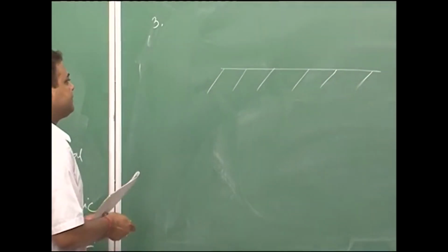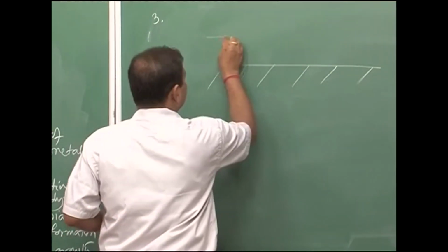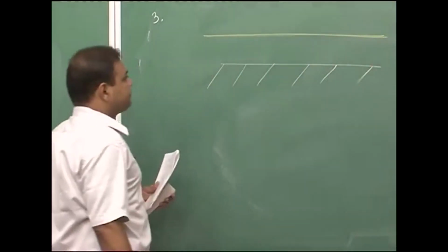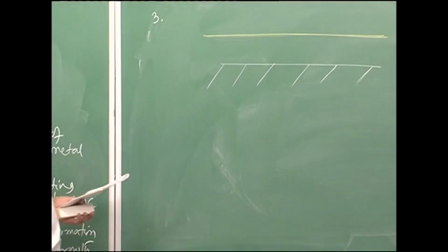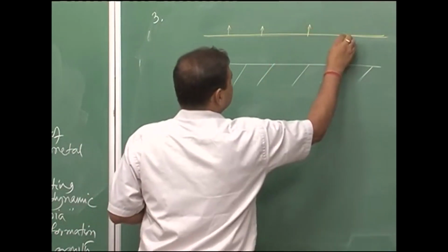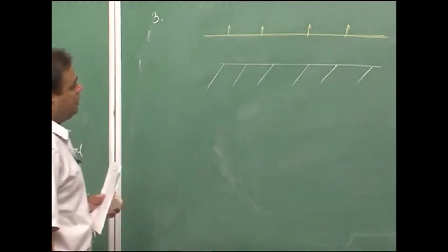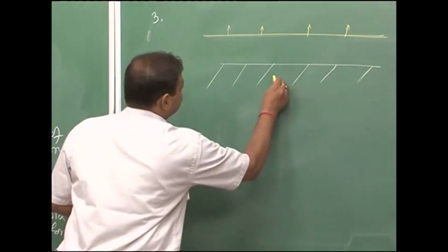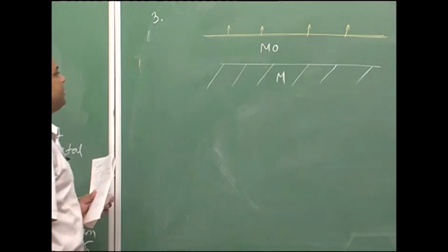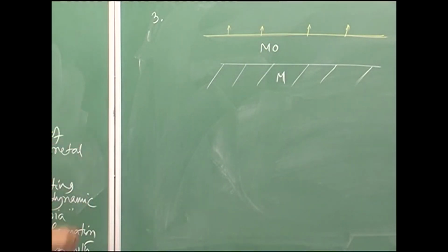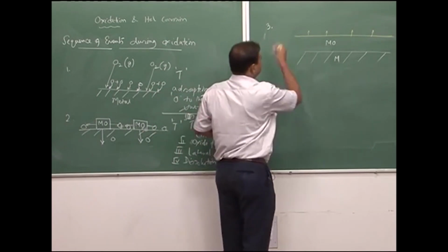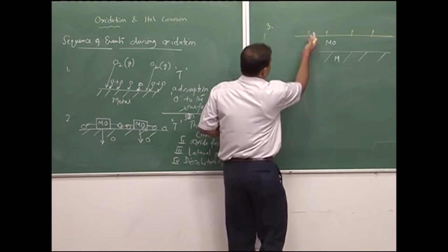Once the metal surface is covered up by the oxide, let us say this is my oxide layer that has formed on the metal surface. This oxide layer would try to grow in this direction. So, this is my metal surface and this is the MO oxide layer. After it covers up the entire surface laterally, then it would try to grow in the perpendicular direction.